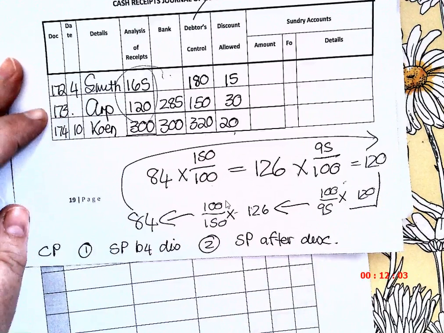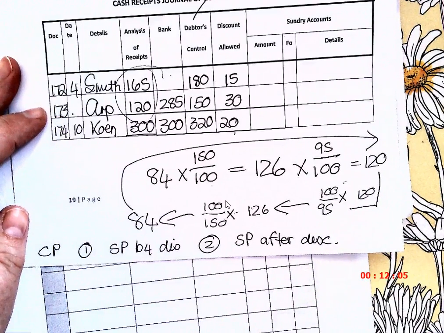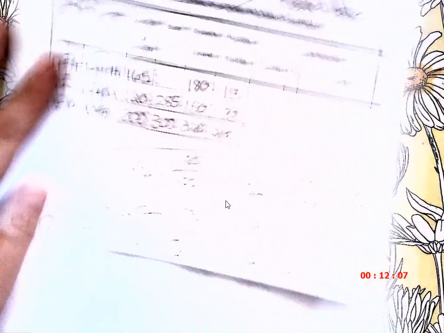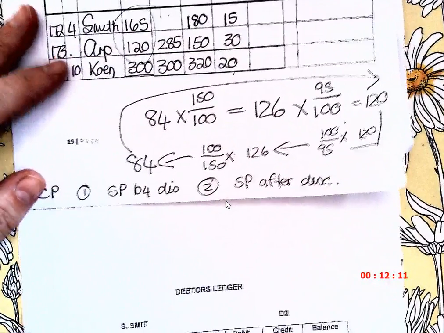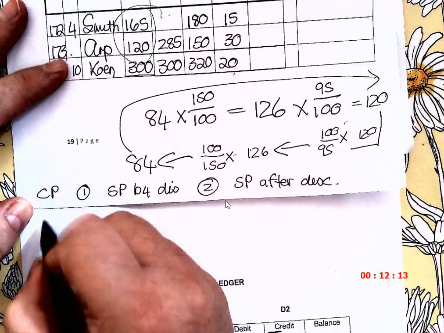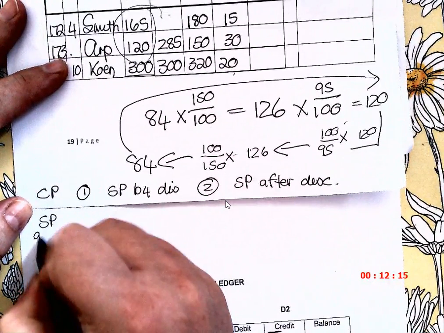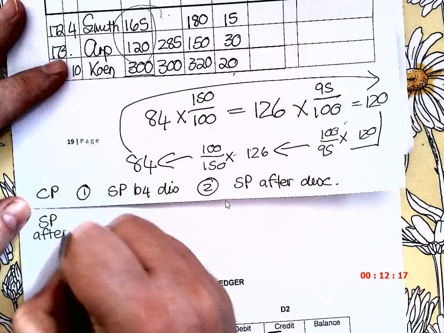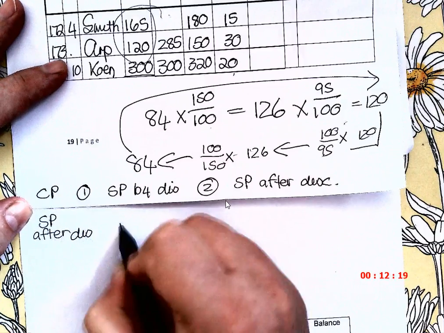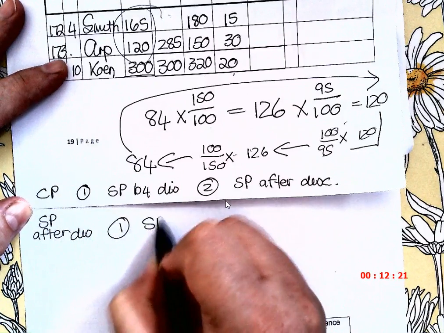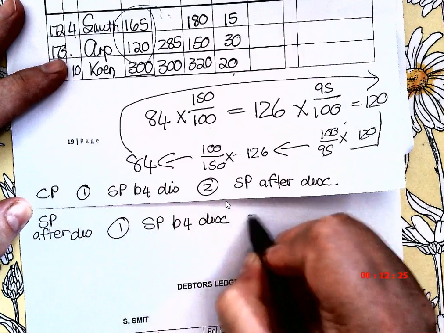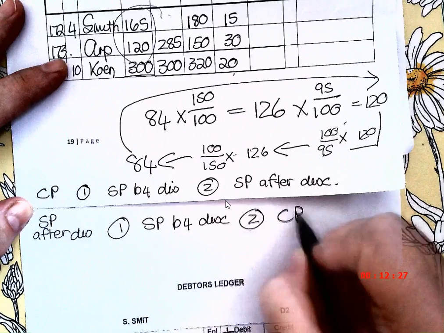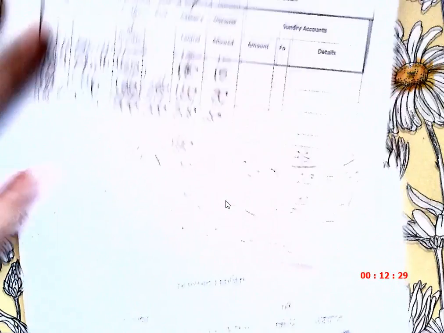So in other words, if I go the opposite way, if they give me the selling price after discount, my first step is going to be to get the selling price before discount, and then it's going to be to get the cost price. Can you see? That's how your steps work.